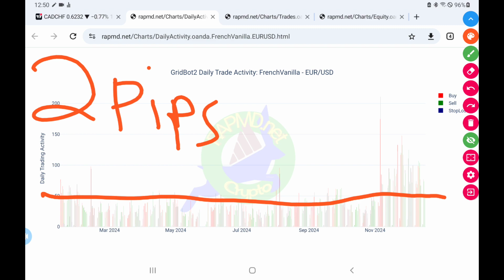The goal of this was to use a deviation or a grid spacing of 2 pips, a take profit of 2 pips, and an average spread of 2 pips. That is complete uniformity across the bid-ask spread process.